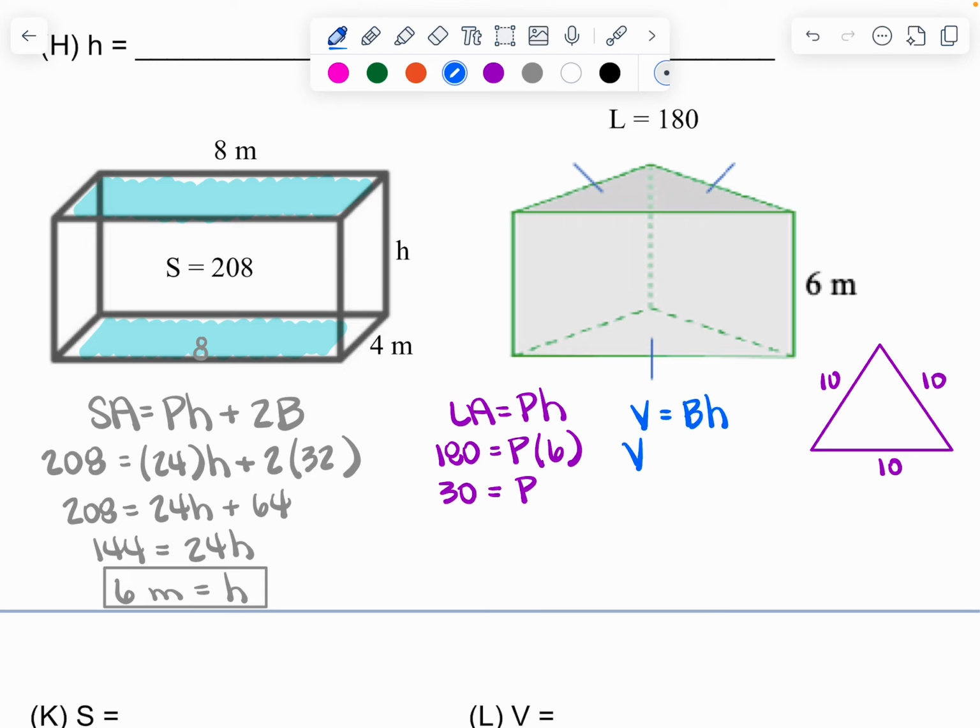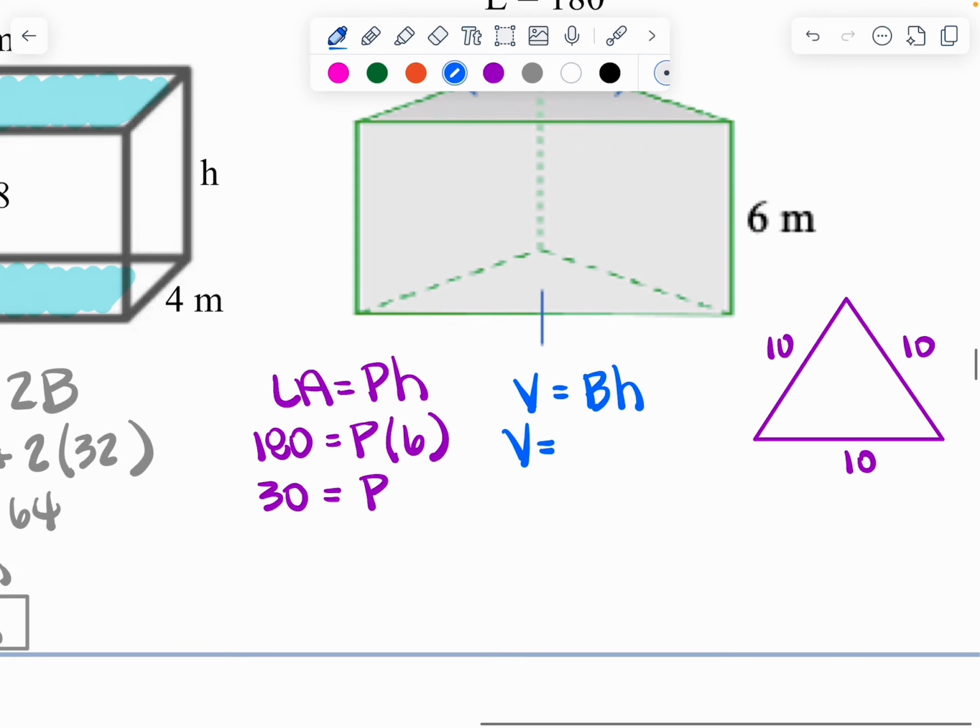Now we should be able to find the volume, which is capital BH. So now that I know it's a 10, 10, 10 equilateral triangle, I'm going to find its area, which I know I've already done before, but we're going to treat this problem as if we didn't already have that information up there.